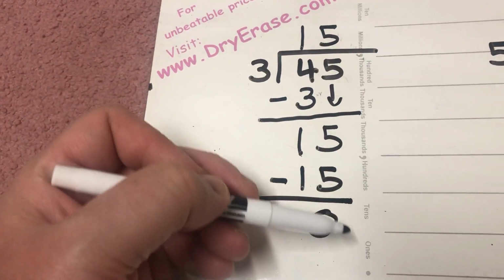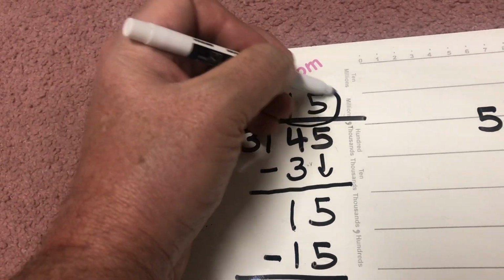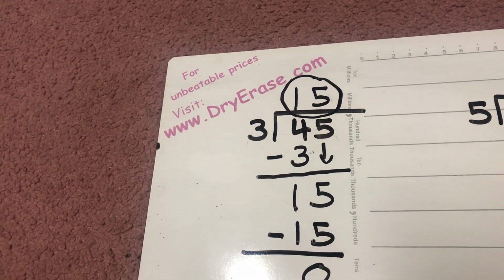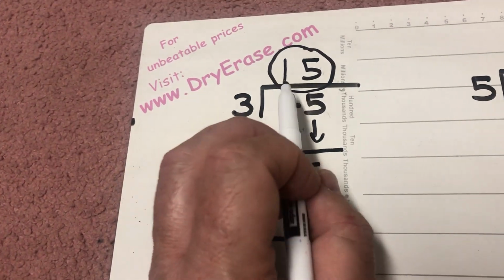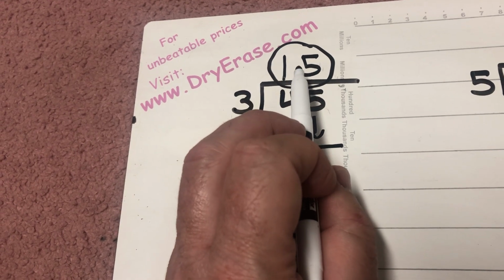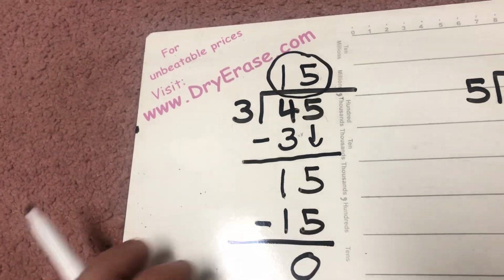There's no number left to bring down. I do not end up with a remainder. My final answer is 15. That's pretty straightforward. And you can always check by trying 15 times 3. Sure enough, if you do 15 times 3, you get 45.